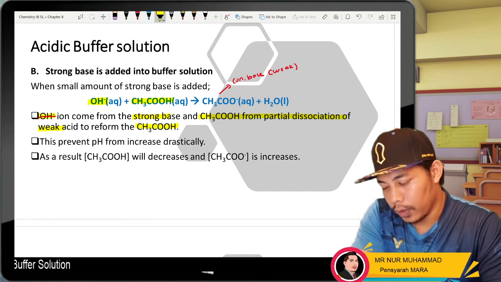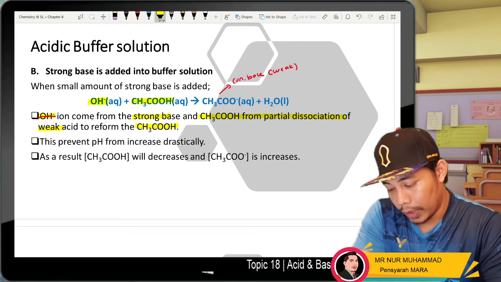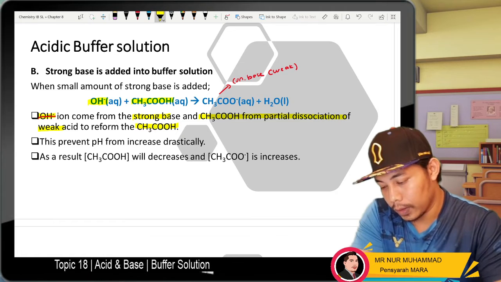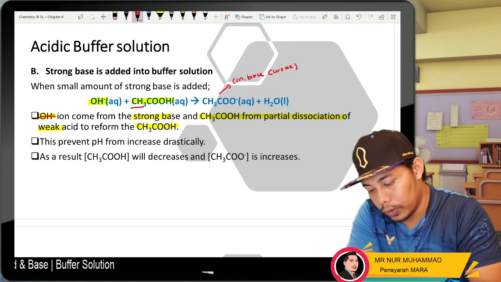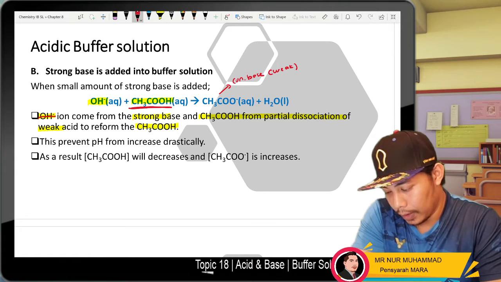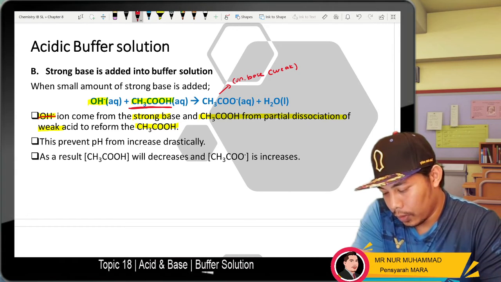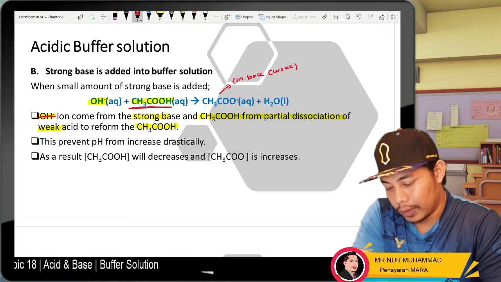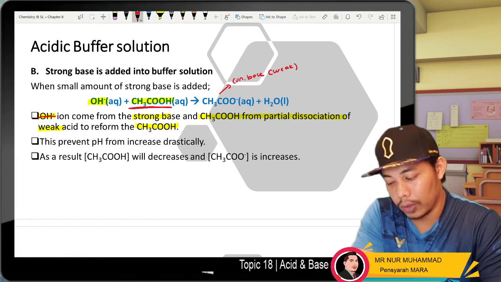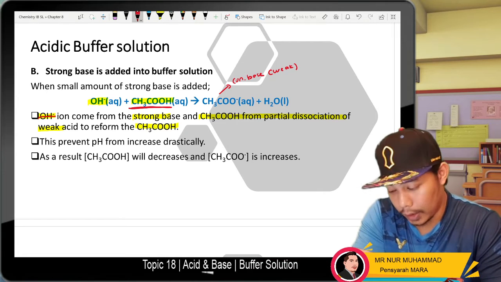So the hydroxide ion is neutralized by ethanoic acid from the partial dissociation of the weak acid. This prevents the pH from increasing drastically, because the hydroxide ion was neutralized by ethanoic acid.